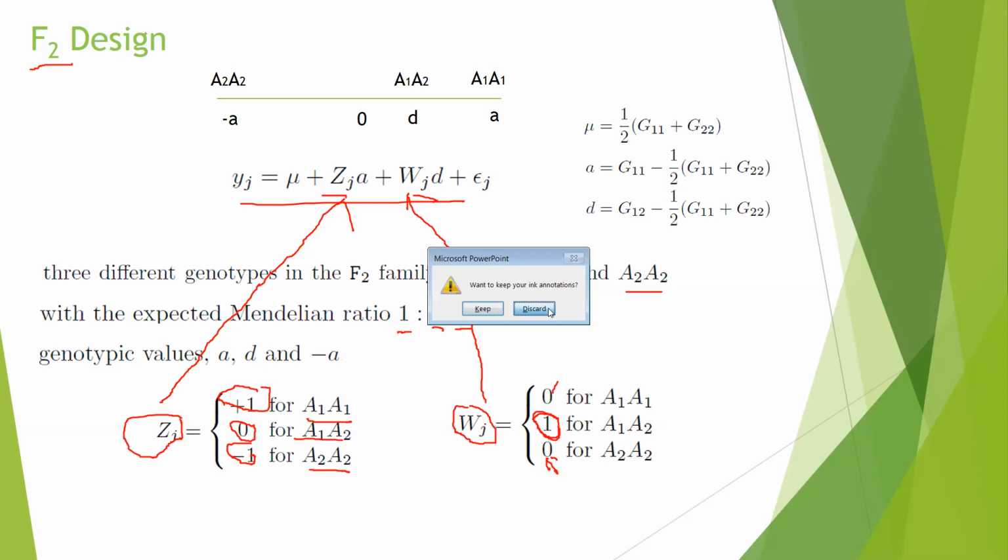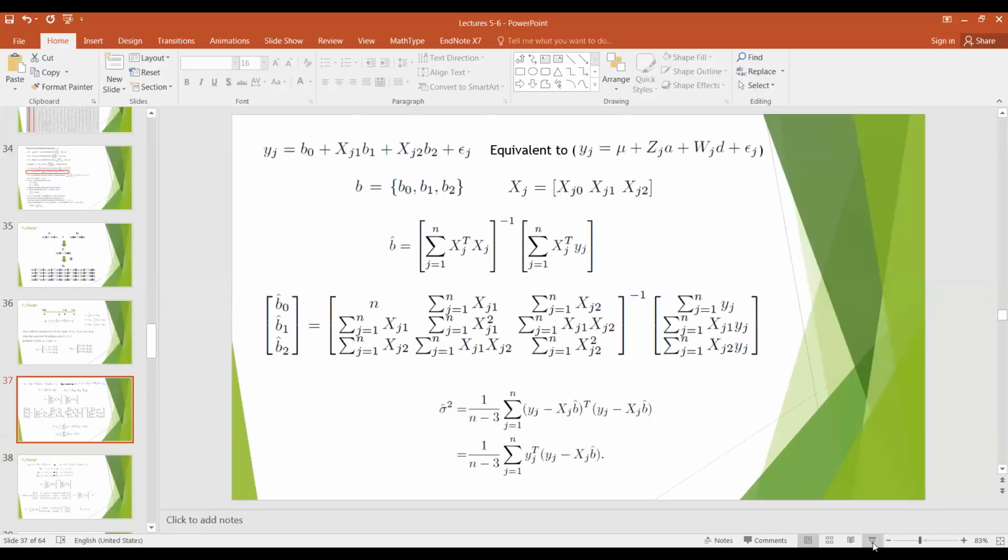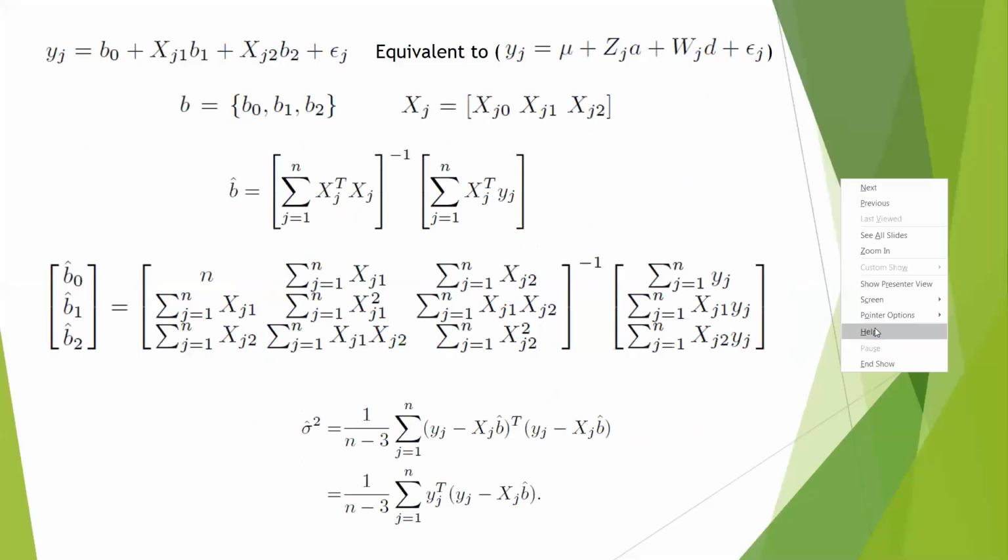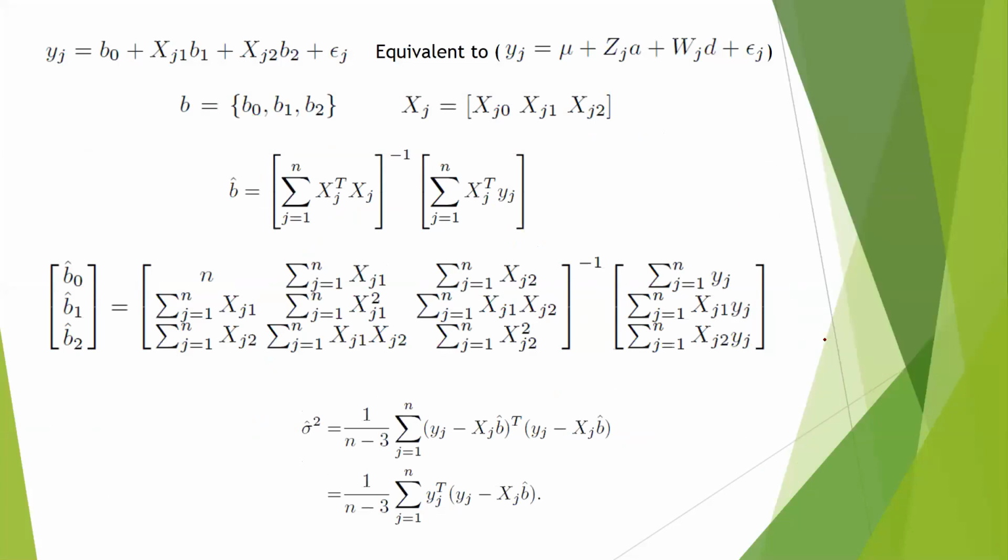All right. We have learned how we can use least square analysis to estimate the additive effects in the backcross design, right?